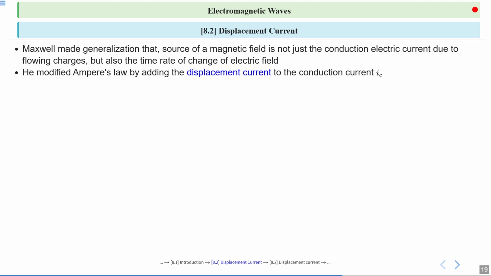So he generalized that magnetic field cannot only be produced by conduction current, but the magnetic field can be due to the time varying electric field also.